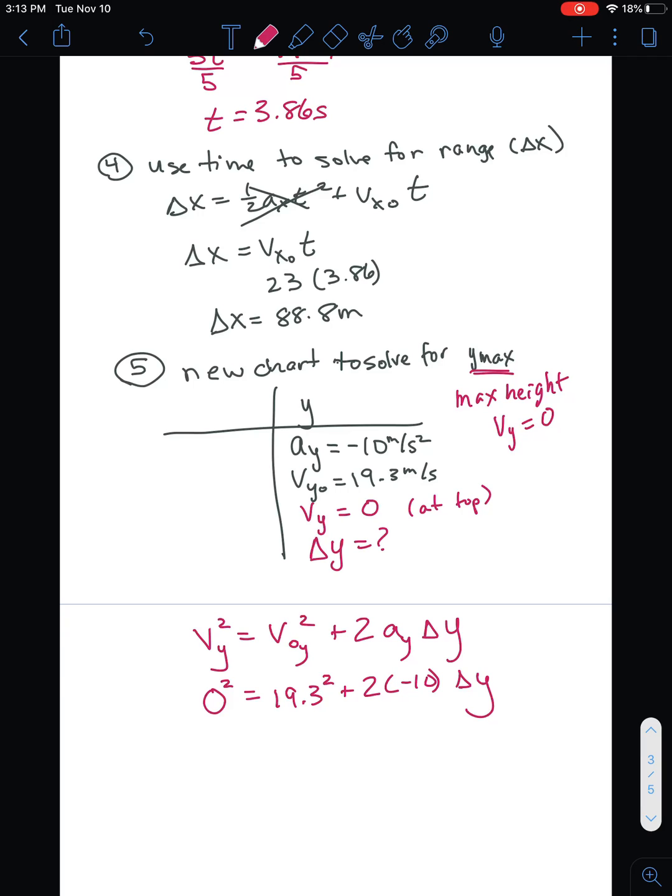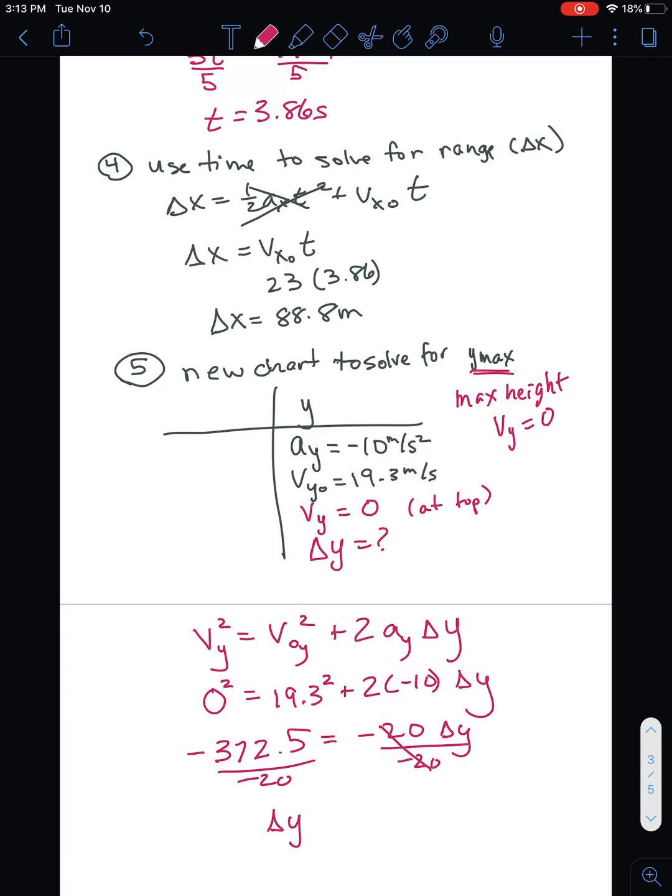So I'm going to square 19.3 and subtract that over. So I've got negative 372.5 is equal to negative 20 delta y. Now I'm going to divide both sides by negative 20.